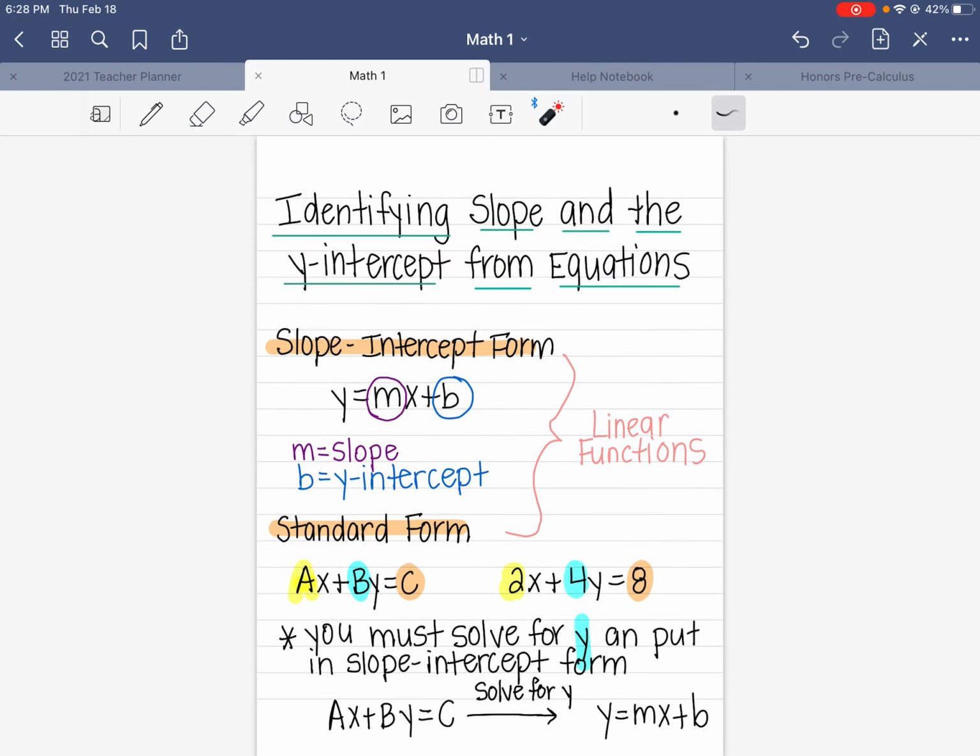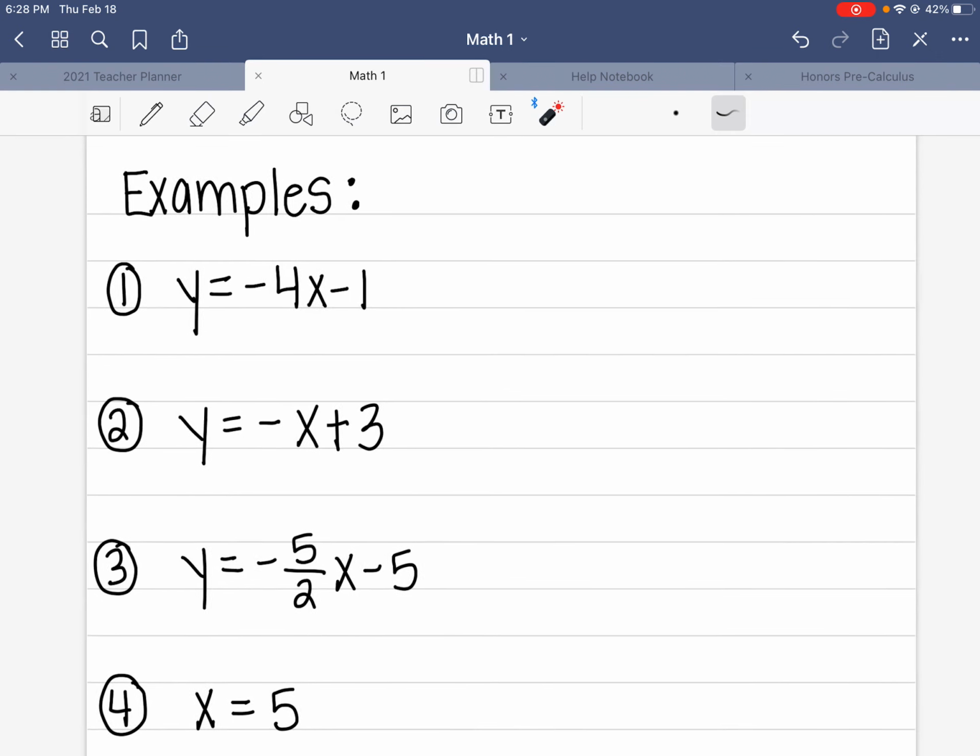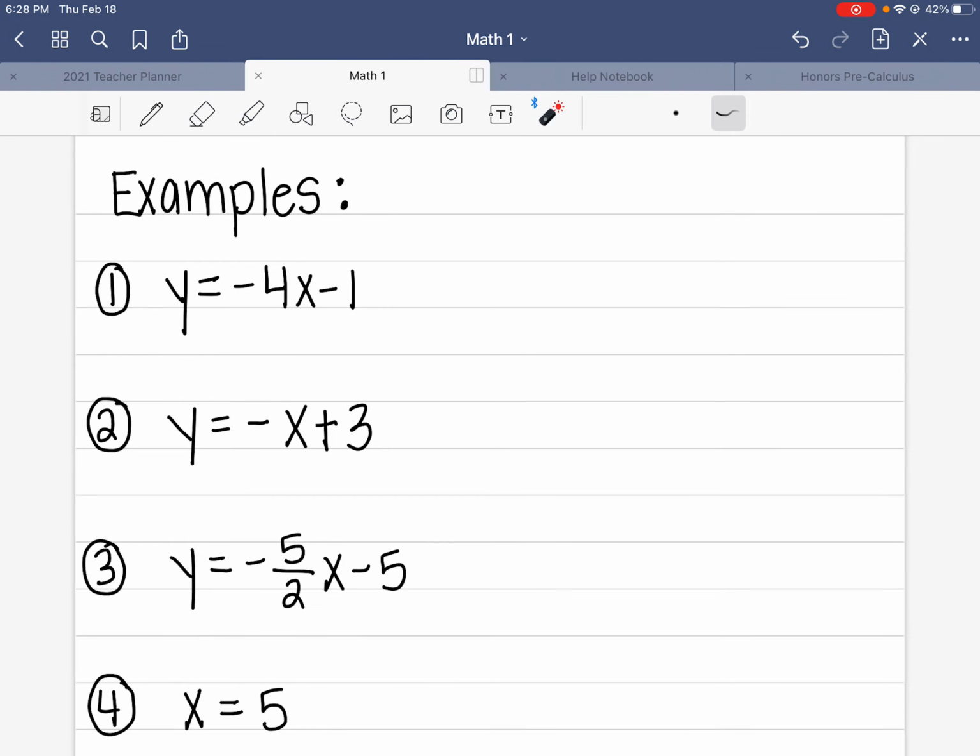All right, let's start with some basics, and these are all in slope-intercept form, y equals mx plus b.